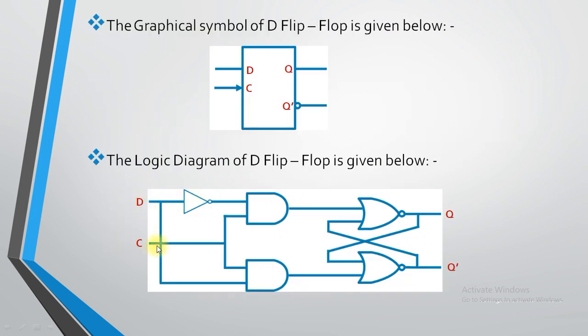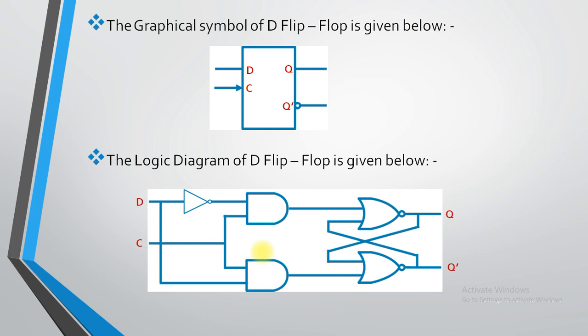So instead of passing variables S and R to individual gates, we pass one inverter, take a cable of the D variable and pass it as the input of the second AND gate, and the clock is passed to both gates. So over here there is only one input variable, which is represented by D.